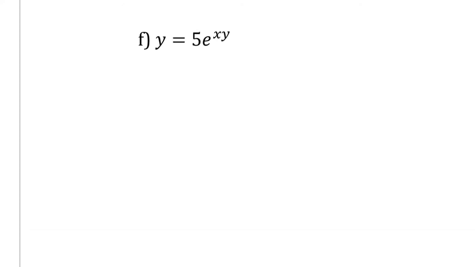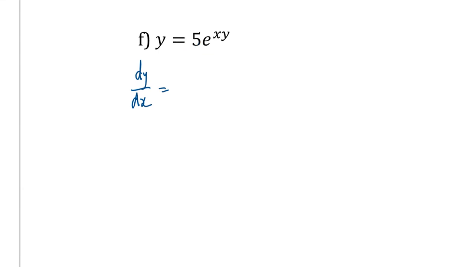This is implicit differentiation, isn't it? I don't know what our instructions were. Instructions were not find dy by dx, so that doesn't really make a whole lot of sense. It says differentiate, but this is what we're going to do. We're going to find dy by dx when I take its derivative. So the derivative of the left side is dy by dx. Derivative of the right side, that's not a product. 5 times e to the xy is not a product because 5 isn't a separate function.